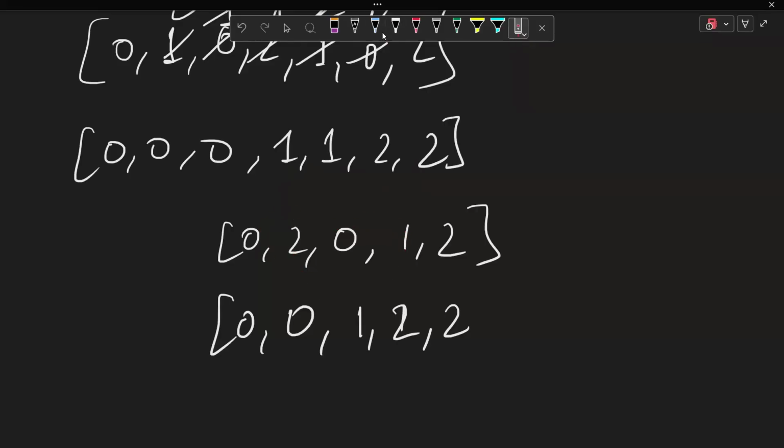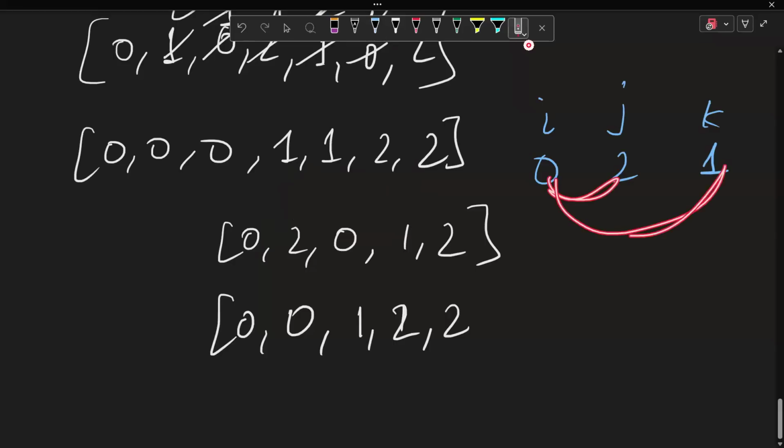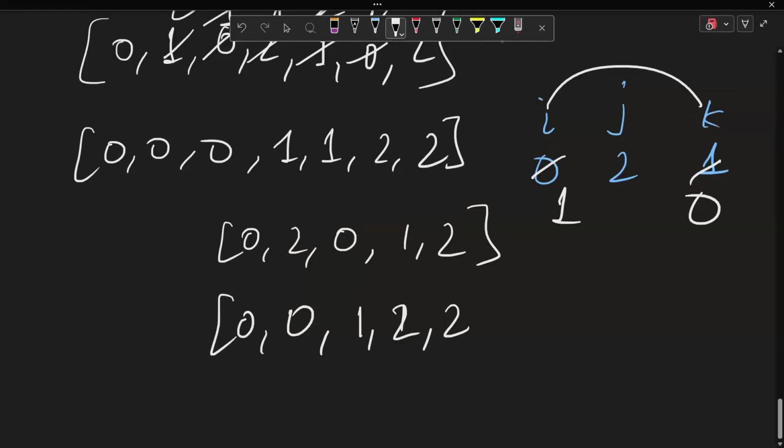So whenever at some index i you have 0, at some index j you have 2, at some index k you have 1, in order to swap i and j, you can swap i and k first. When you swap i and k, it becomes 1, it becomes 0. Then swap j and k.